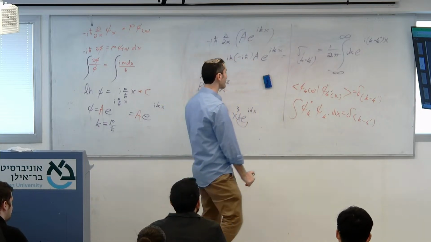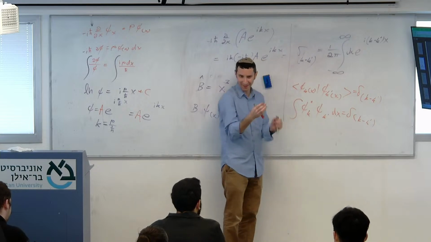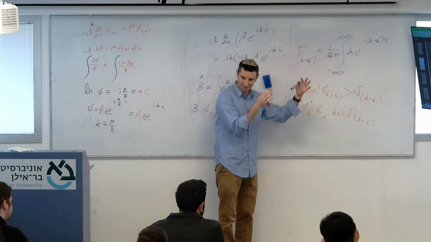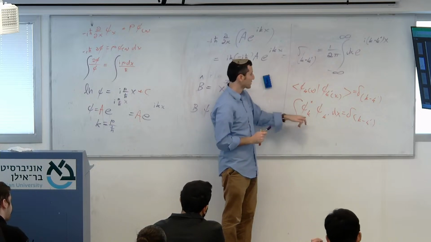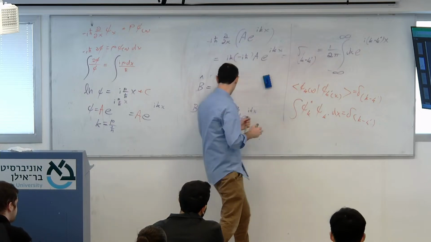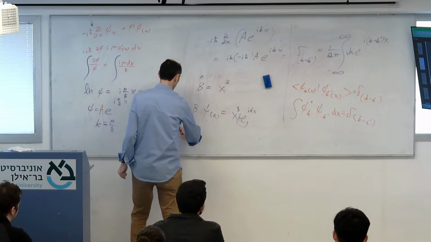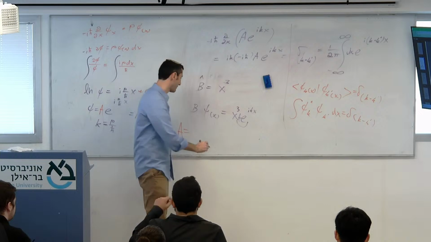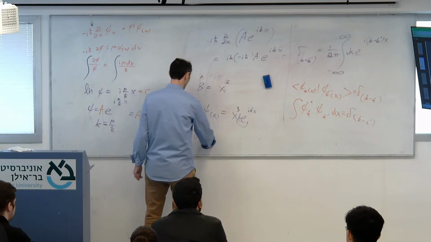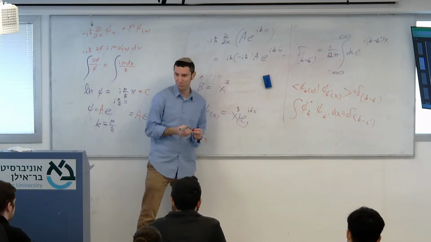If k and k prime are the same, I get phi k squared, and if they're different, it will be 0. From that I can understand that my a here is going to be 1 over the square root of 2 pi. Because I need each one of them to contribute 1.